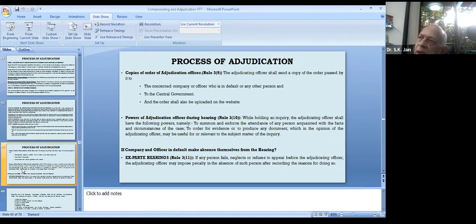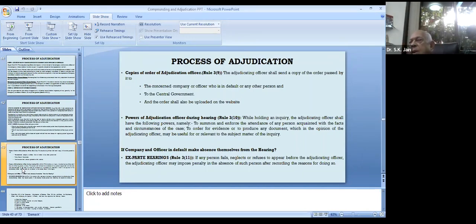So the ROC, who is acting as adjudicating officer, will send the copy of the order to the company, officer in default, or any other person against whom the order is made. He will also forward a copy of the order to the Regional Director, and the order shall also be uploaded on the MCA website.